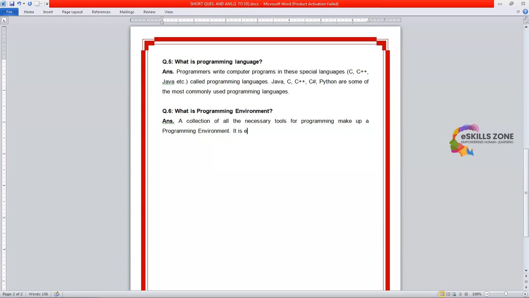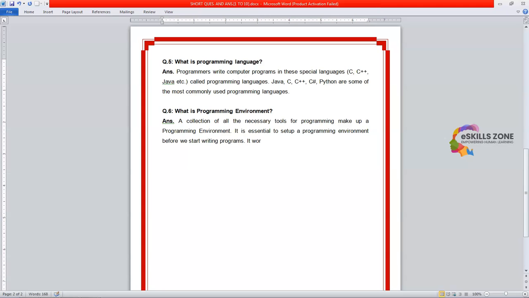It is essential to set up a programming environment before we start writing programs.